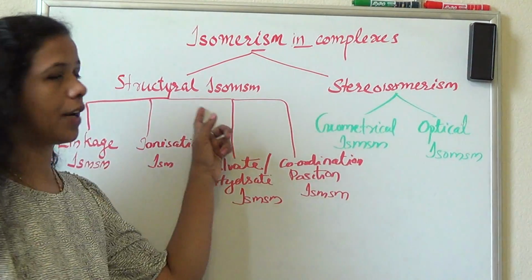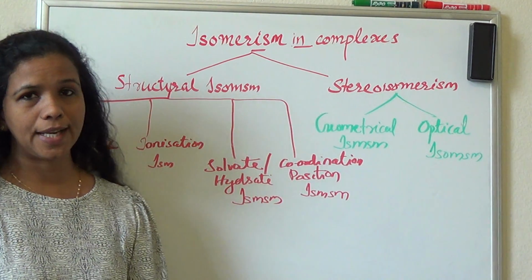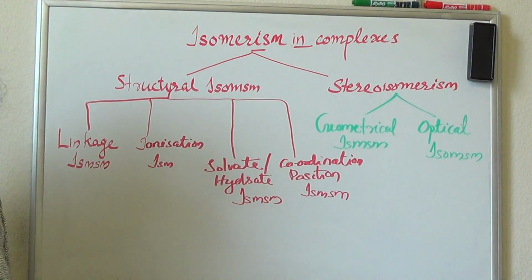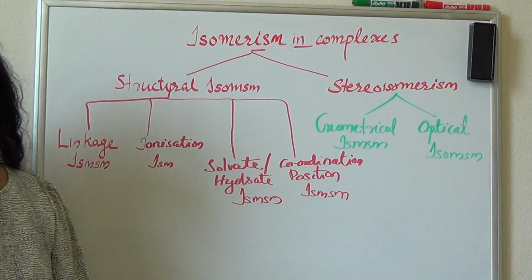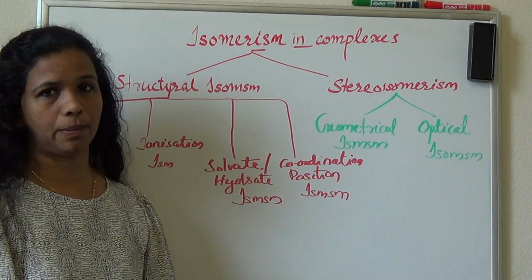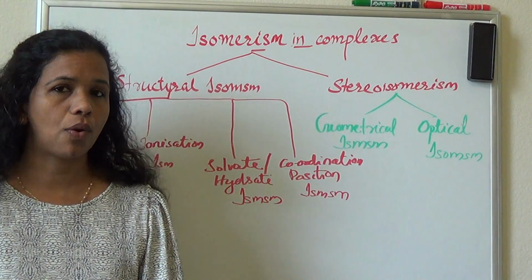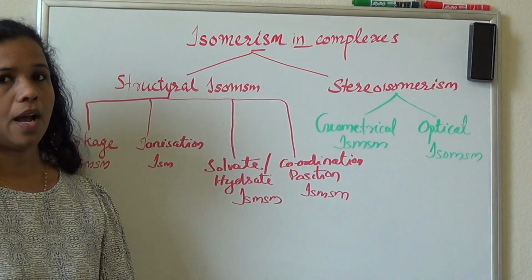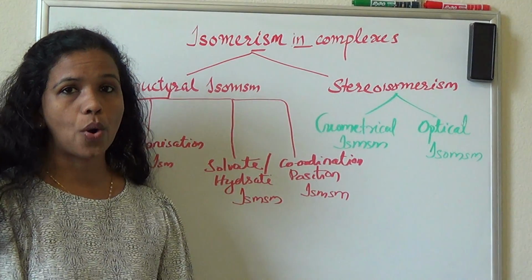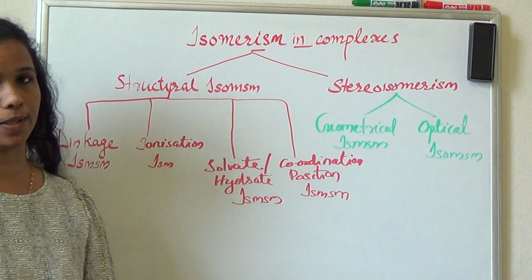There are four different types of structural isomerism shown by coordination complexes. The first one is linkage isomerism. Second, ionization isomerism. Third, hydrate or solvate isomerism. And the last one is coordination isomers, or we can call them coordination position isomers.